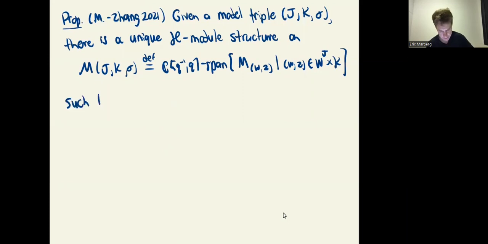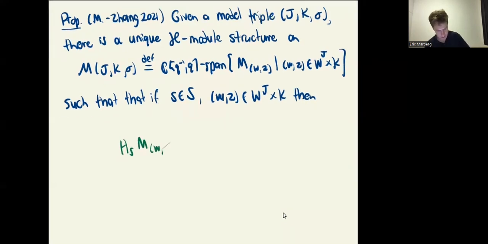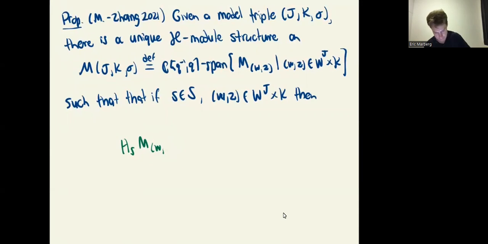such that if s is in S and wz is in W^J times K, then we have this formula for H_s times m_wz. We have something like four cases.